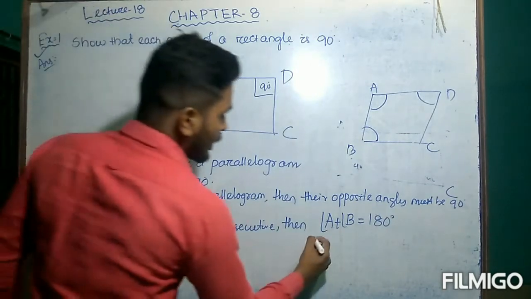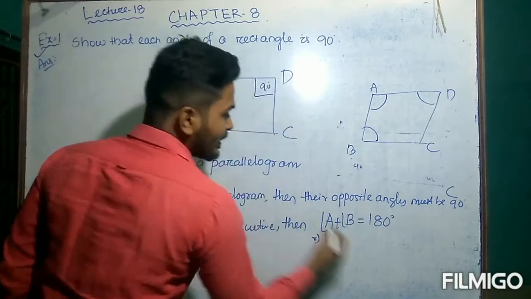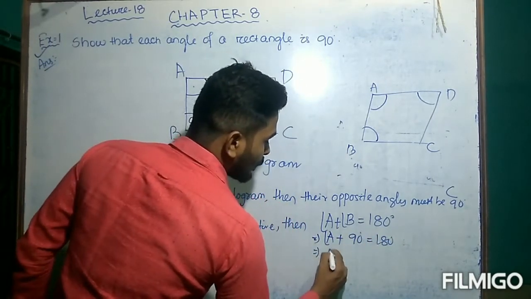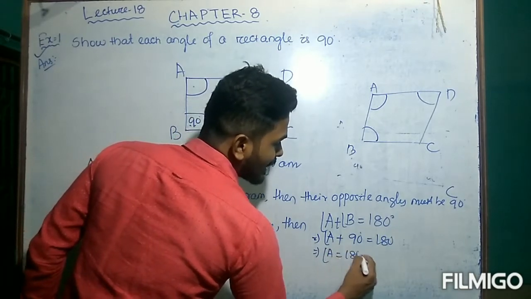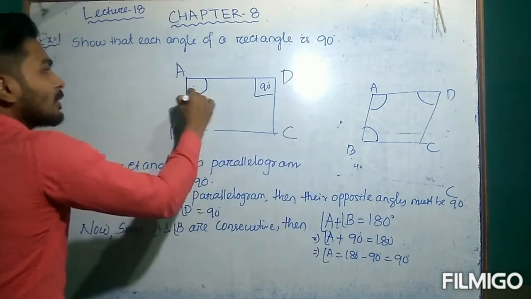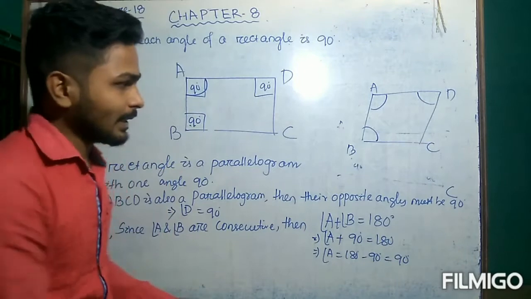Now we have to find the value of A. So A plus 90 degree is equal to 180 degree. So we found A is equal to 180 degree minus 90 degree, which is 90. So what have we found? We have found that the value of angle A is also 90 degree.